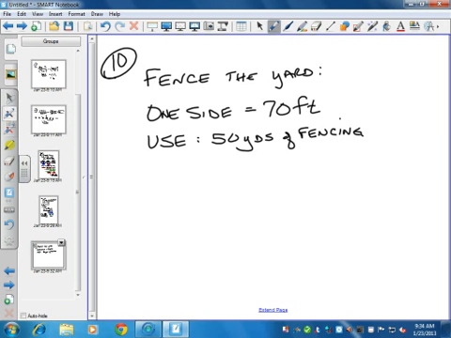So we're going to multiply that out. Is this 70 feet the side of the house? Yes. Exactly. So we're going to convert this 50 yards into 150 feet of fencing.